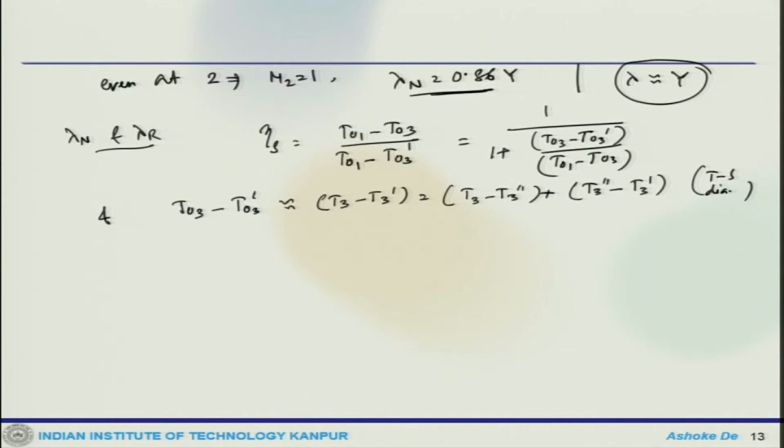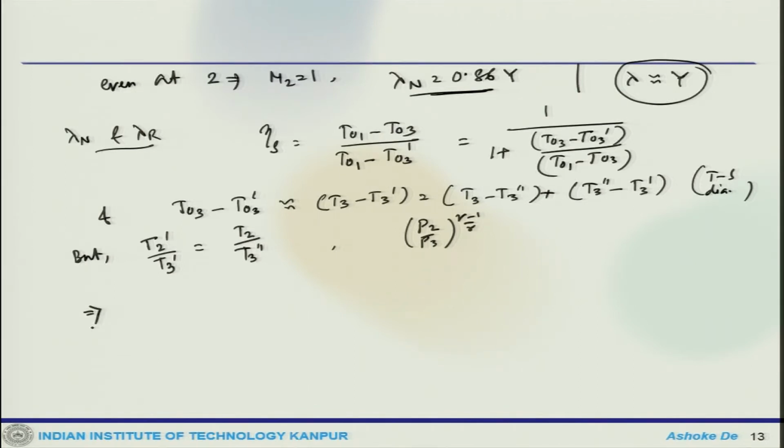Now, what we have is that T 2 prime by T 3 prime is T 2 by T 3 double prime, because they are equal to P 2 by P 3 to the power gamma minus 1 by gamma. Okay.